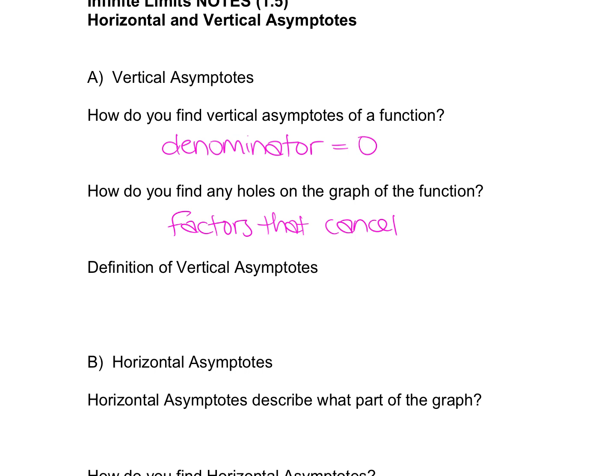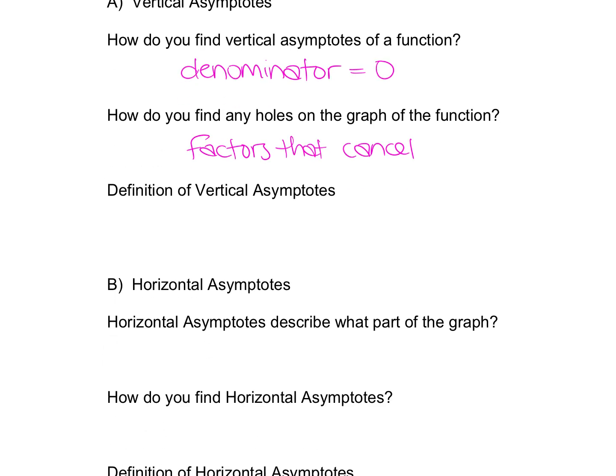So a definition calculus-wise of vertical asymptotes is this. If you have the limit as x approaches a vertical asymptote in the function from the left or the right, it will be infinity or negative infinity.